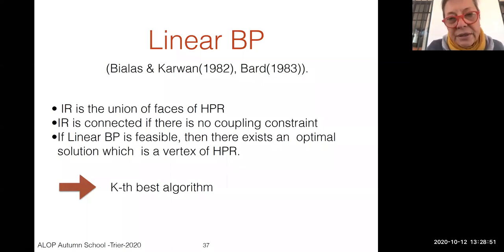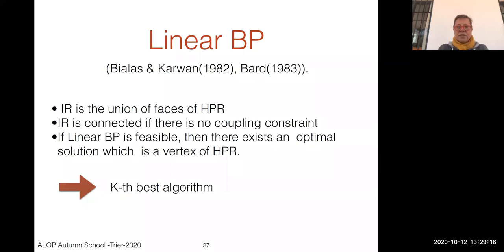And so these properties have been exploited by Bialas and Karwan and by Bard to develop an algorithm to find an optimal solution of linear BP, which is called the kth best algorithm.